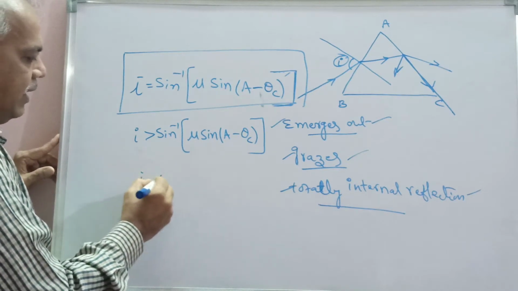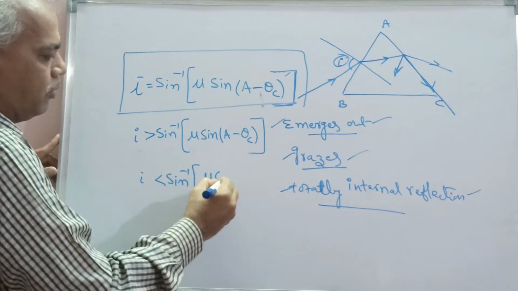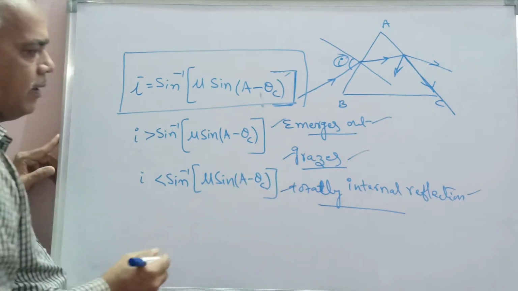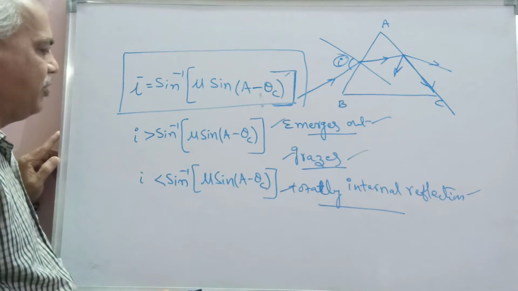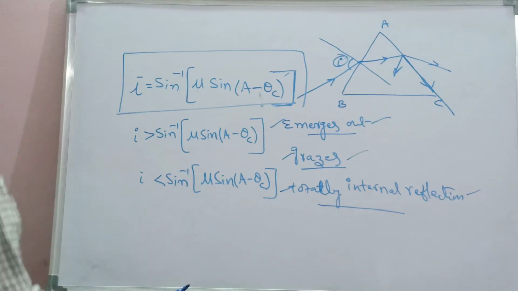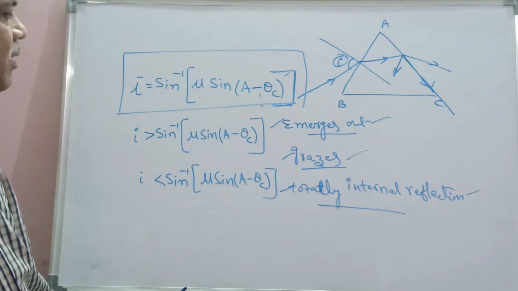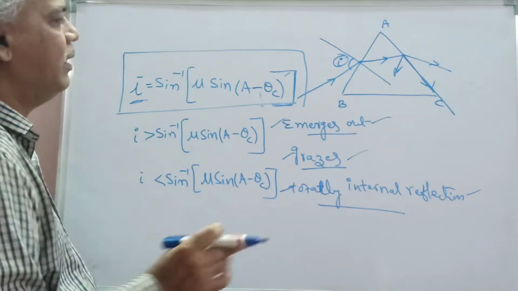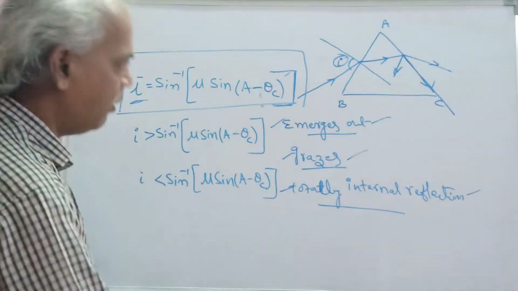If I is less than that, total internal reflection takes place. Three conditions: one is grazing, second is emerging out, third is total internal reflection. So the angle of incidence decides these three conditions.